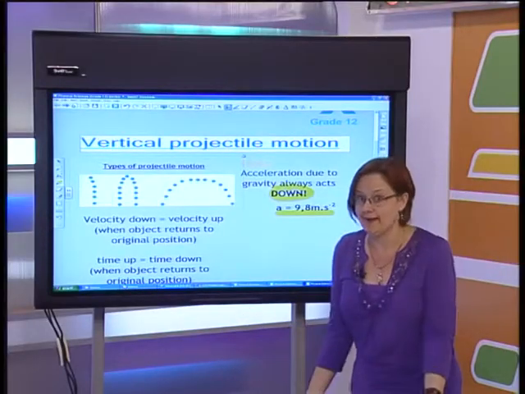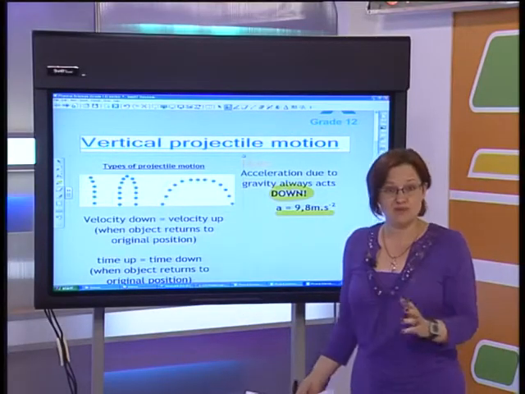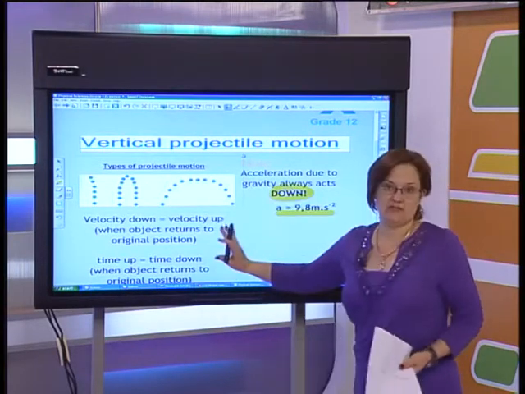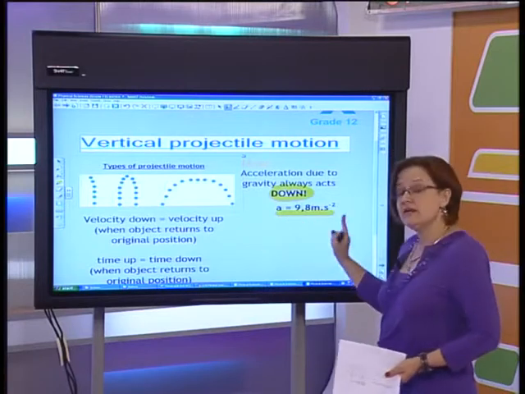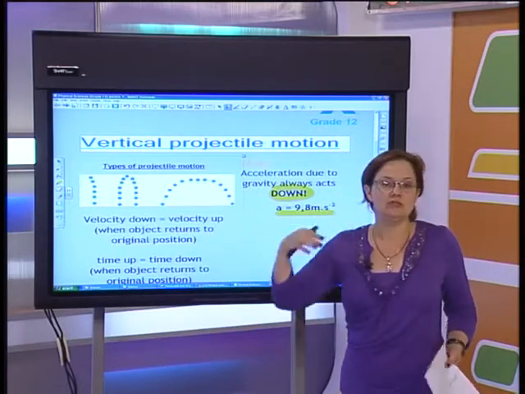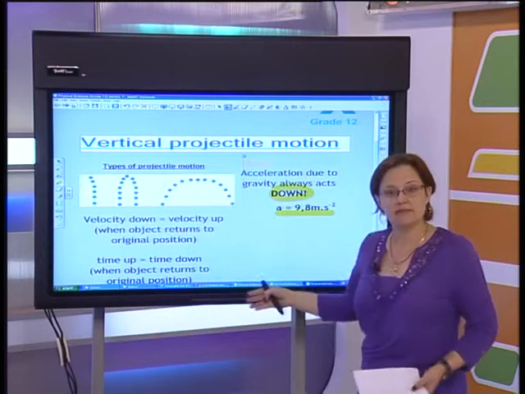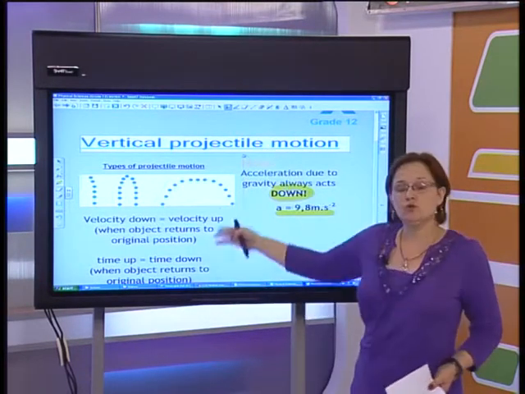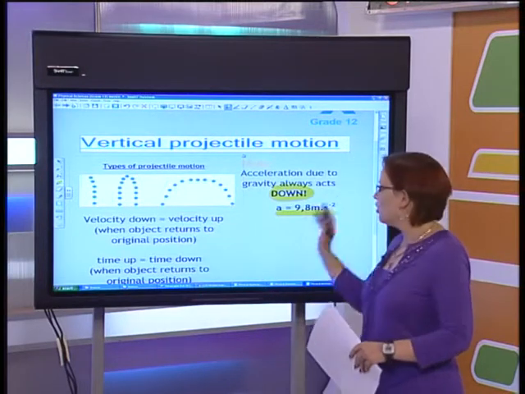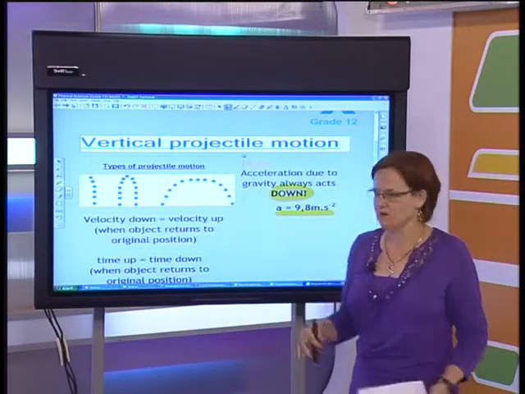You end up down. And if any of you don't, then I want to come live on your planet. We know that gravity always acts down, and we know that it's 9.8. Please be careful, especially if you're using old textbooks. A lot of this is the same from the old curriculum, but they'll give you gravity as 10. We don't use it as 10 anymore. It's got to be 9.8. It messes up the calculations, but it's okay.